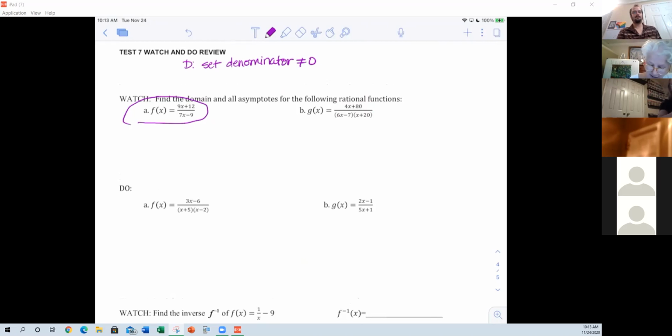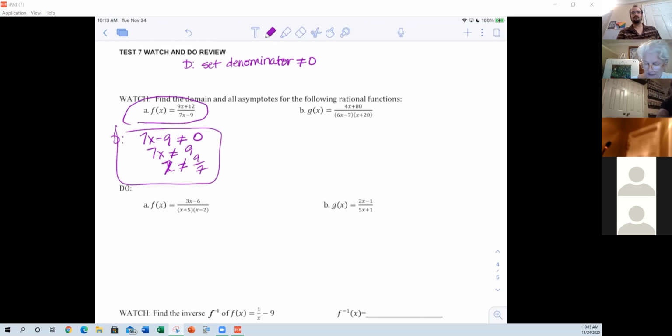So the domain would be 7x minus 9 does not equal 0, so x does not equal 9/7. So that's my domain.